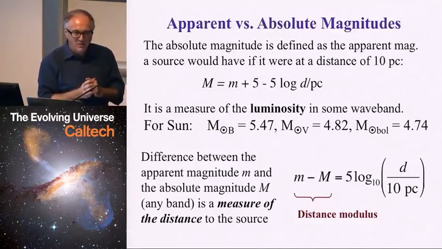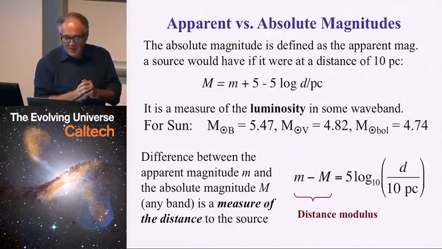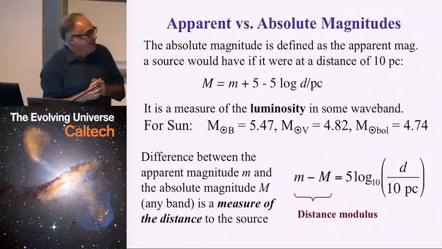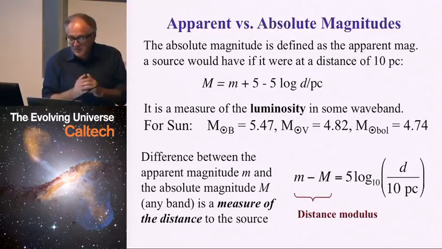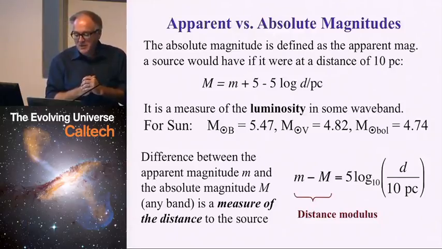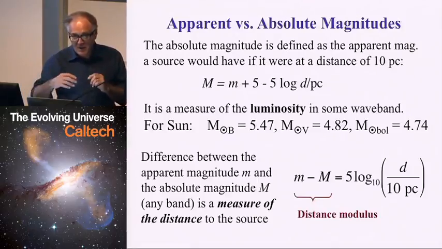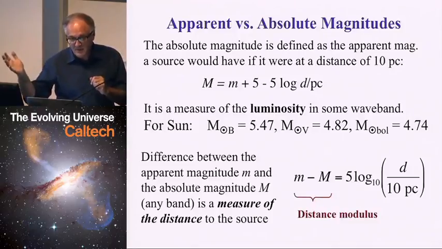Why 10 and not 1 is anybody's guess. It just makes life more complicated. So the formula is given here. Obviously, you have to be proportional, right? But then there is 5 times the log of the distance. Why that? Because it's the square of the distance that matters in the square law. It's minus 2.5 times 2, so it's minus 5 log of the distance.